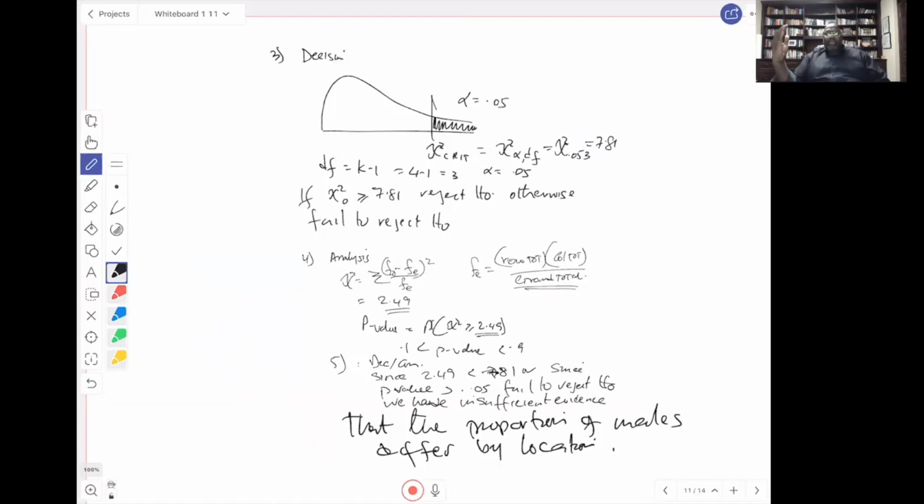Well, 35 is what we expect, 15 is what we observe. That is huge. But is it large enough to say something is wrong? So we have to measure that. We measure that by chi-square. And if we get a sufficiently large value for chi-squared, we reject the null hypothesis. So that example I just did is what we call the test for the equality of proportions.